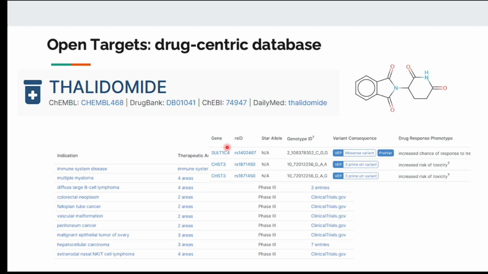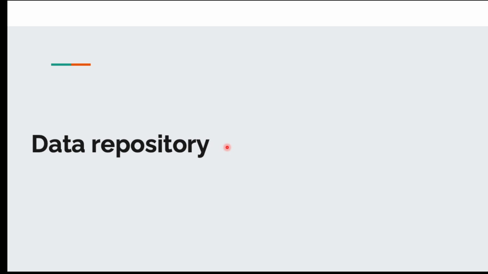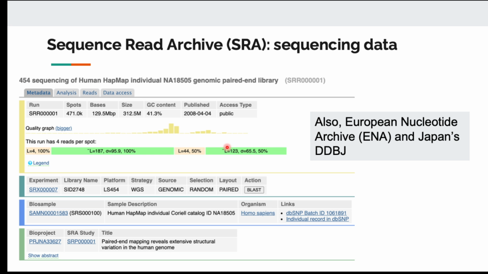The next series of online resources that I want to introduce are where you can find the raw data. When people make omics measurements and release their data, you can get them from these repositories. The first one, Sequence Read Archive, is a repository for high-throughput sequencing data.